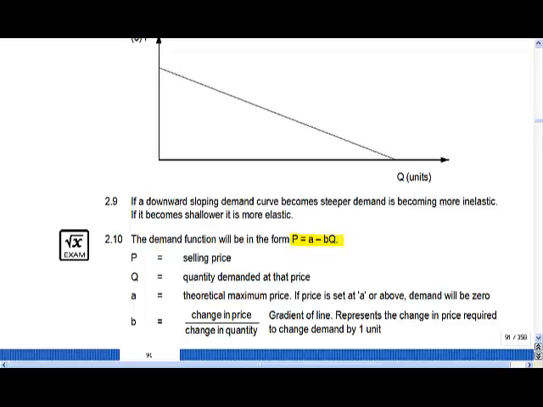So if it's to find the price you should charge to sell a number of units, you'll put that number of units into Q along with your values for A and B, and it would give you your resulting price. Similarly, if you want to know how many units I can sell if I set my price at X, put that price along with A and B into this formula, and then it will tell you your quantity.